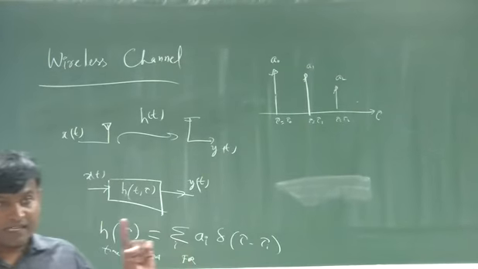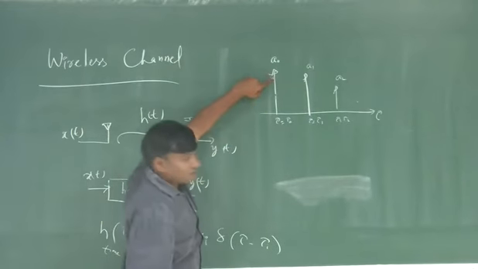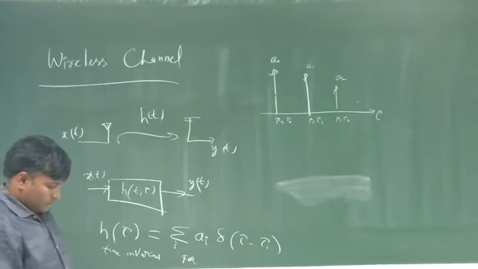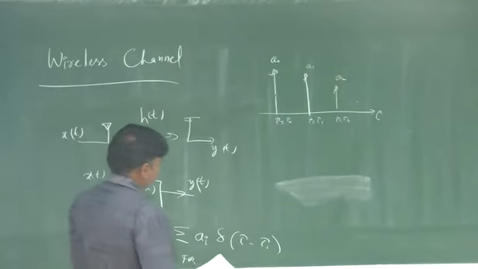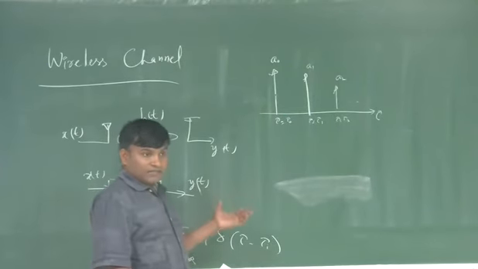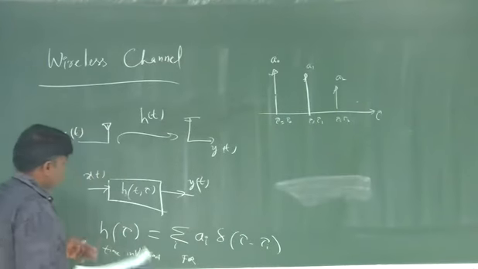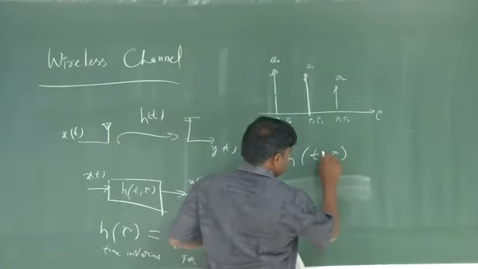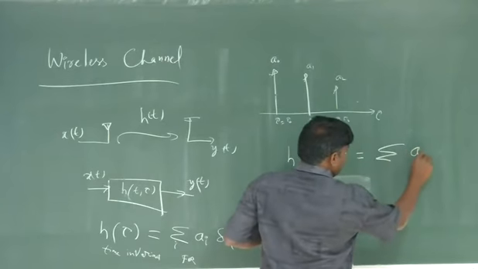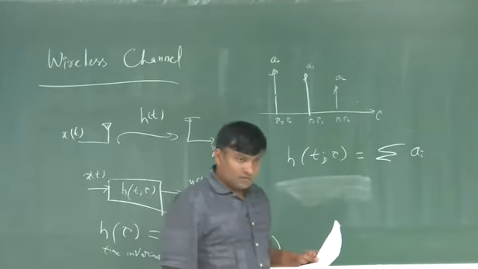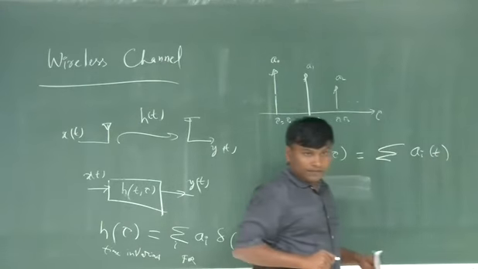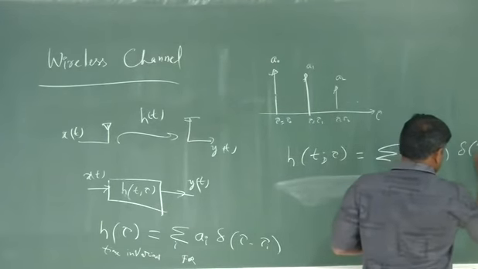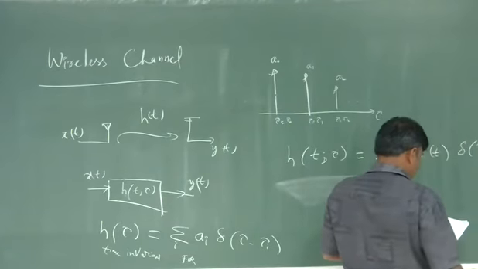Of course, if there is a perfect line of sight in free space, obviously you'll have just one path, but the question here is, if it is a time varying system, then we can generally write this impulse response h of t comma tau as the sum of a_i, which could possibly vary with time, therefore a_i of t, times delta of tau minus tau_i of t.